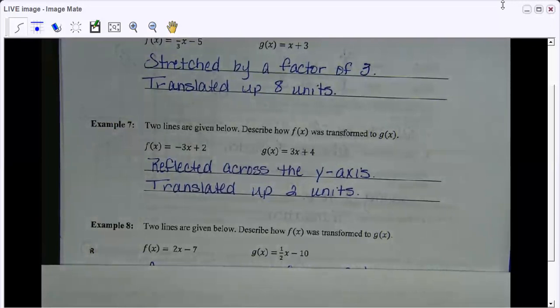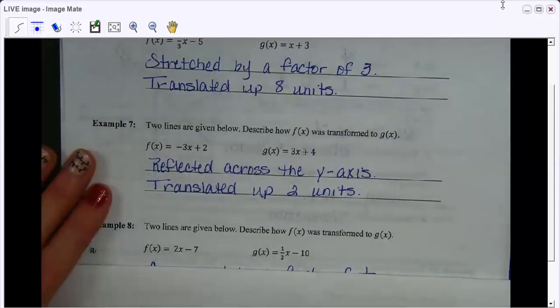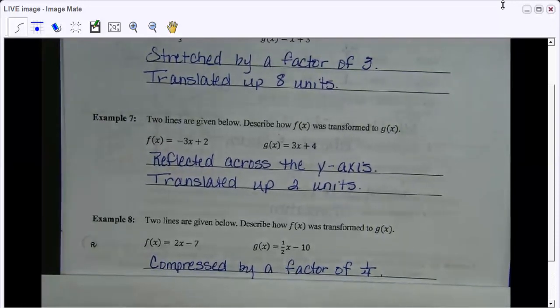So what's happening to our slope in example 8? It is a reciprocal, but what did we multiply the slope by? 1/4. Yeah, we multiplied it by 1/4. So we compressed by a factor of 1/4, because remember, when you multiply by a number between 0 and 1, it's a compression.